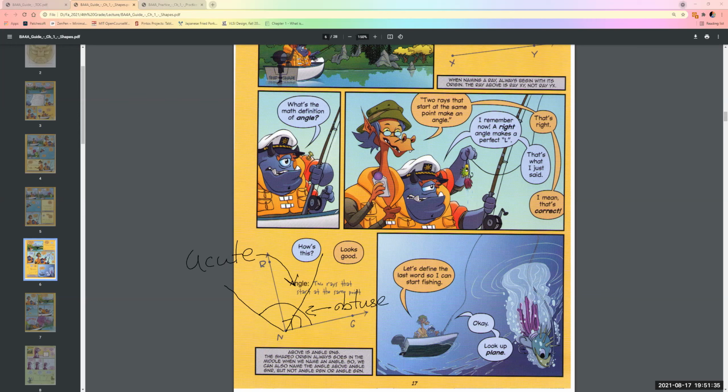I know it's a little hard to read, but essentially greater than 90 is obtuse, less than 90 degrees is acute, and a 90-degree one is just the L-shaped.